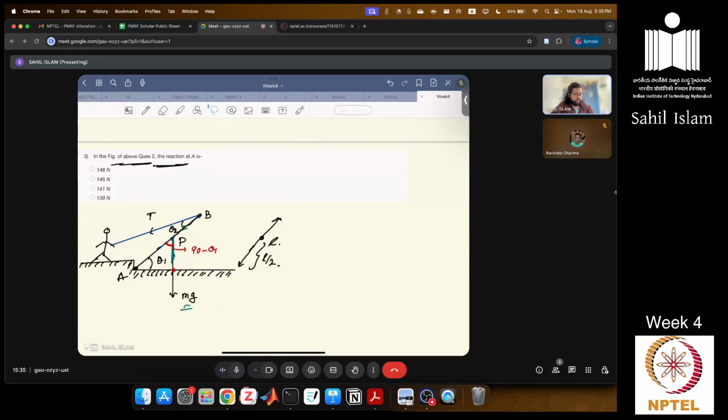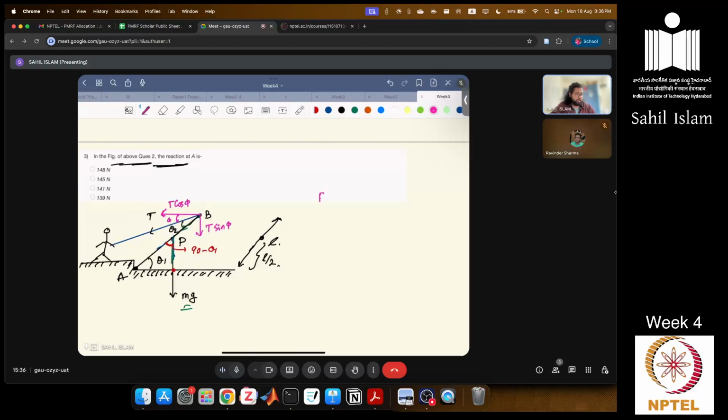So there is one tension, and we can break this tension into components, this and this, in x and y direction. If this angle is phi, then this is T cos phi and T sin phi.